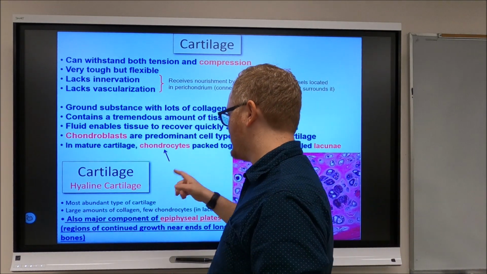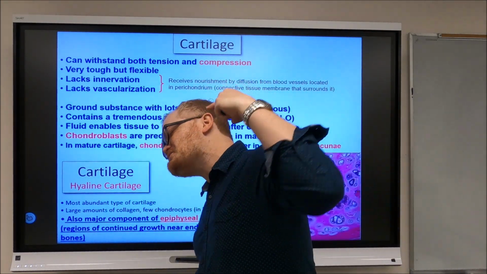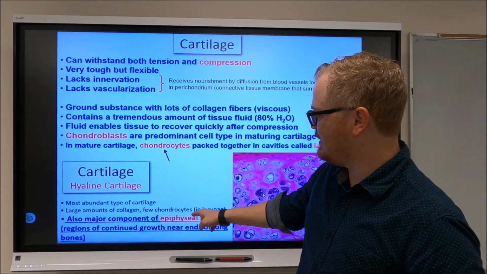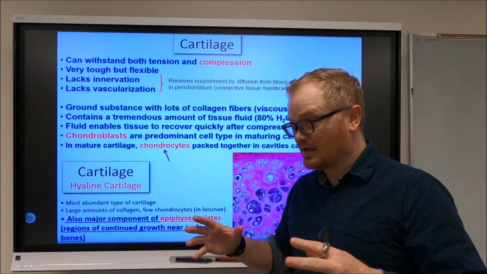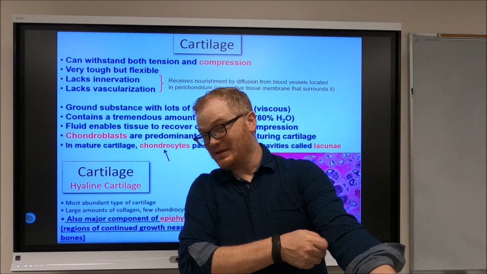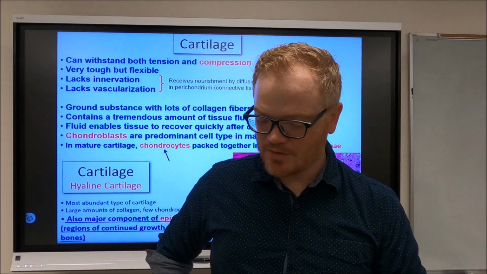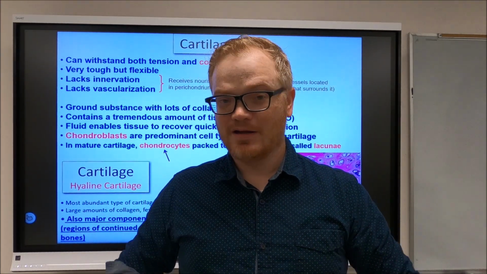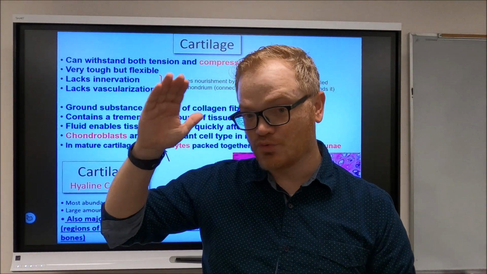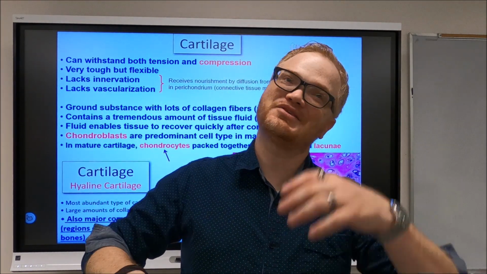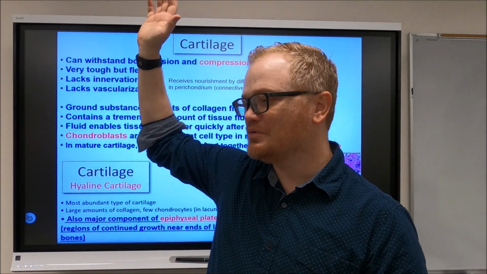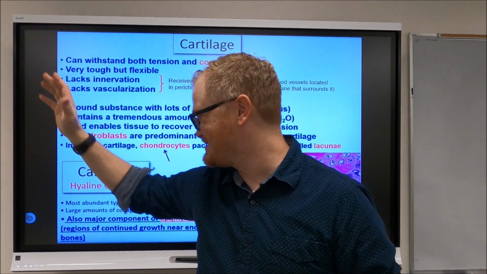Okay, so hyaline cartilage is very important, because it makes up a structure set that we call your epiphyseal plates. If you've ever heard the term growth plate in terms of how bones get longer as you grow taller, you watch a 10-year-old grow 2 feet in 3 or 4 years.